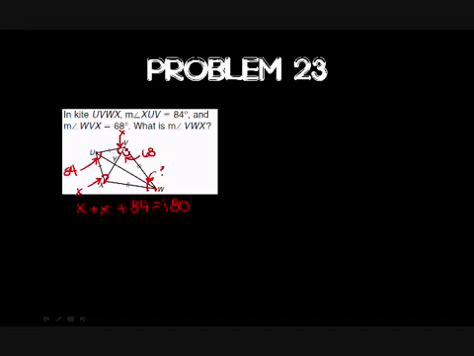In case that's not making sense, I'm going to draw that triangle out here to the side. So this is 84. We know that these two have to be the same because it's isosceles. And so those three angles have to add up to 180 degrees. So I'm going to go ahead and solve that. This is 2x. And then we're going to subtract 84 from both sides.